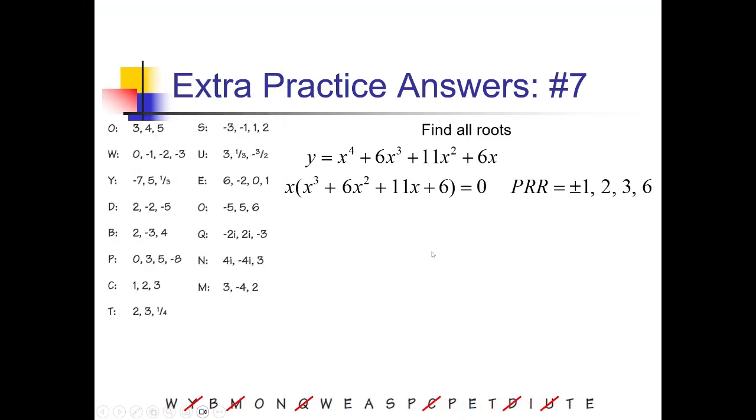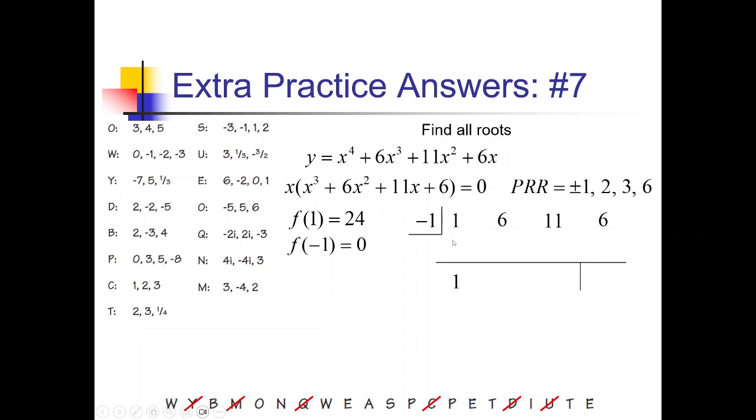Nice. So writing out my coefficients after I write down my results there, we've got 1 for the x cubed, 6 for the x squared, and then 11 and 6. Box number of negative 1. So bring down the 1, times negative 1 gives me negative 1, plus 6 is 5, times negative 1 is negative 5, plus 11 is 6, times negative 1 is negative 6.